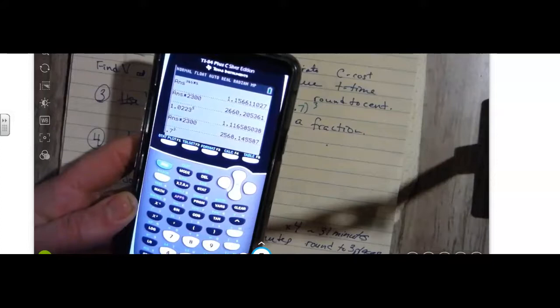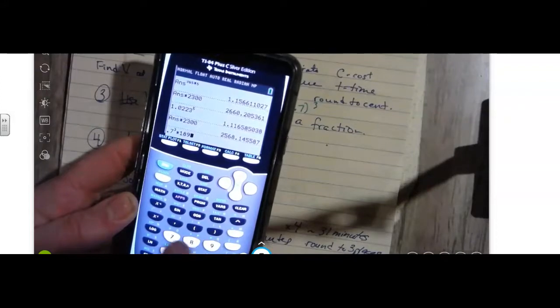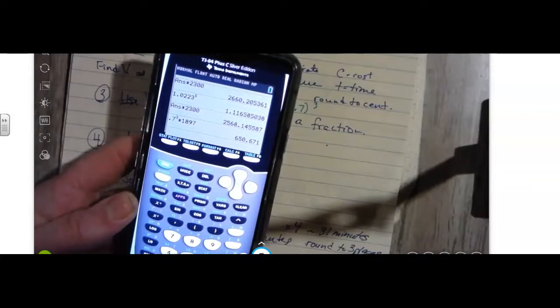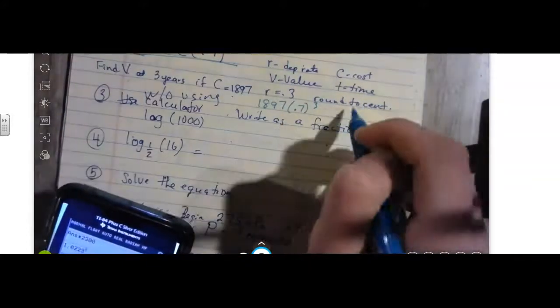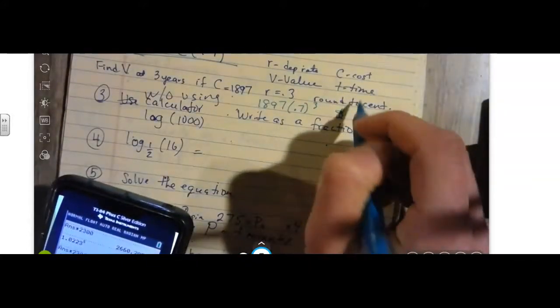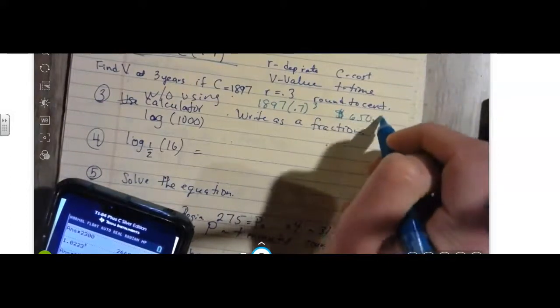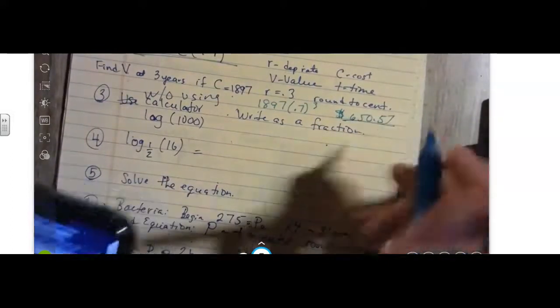Bring it down, times 1897, and we get our answer 650.61. We have to round that off, so it's 650.57. That'll be your answer for that one.